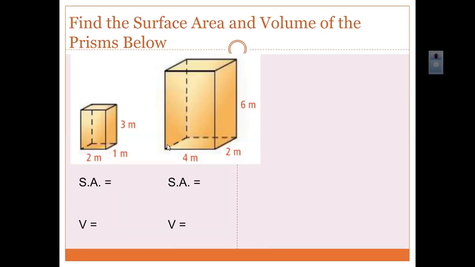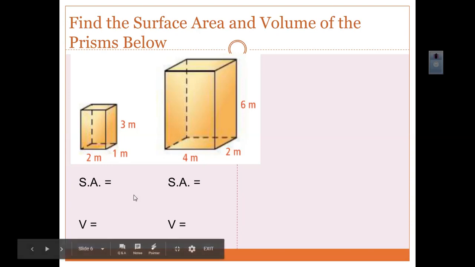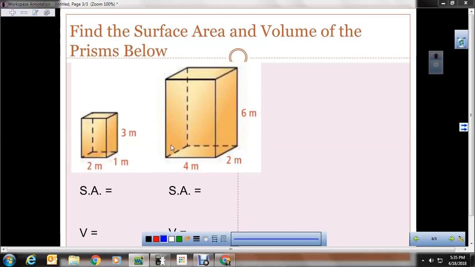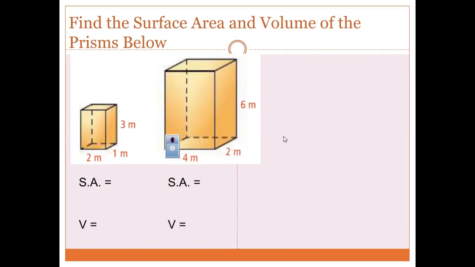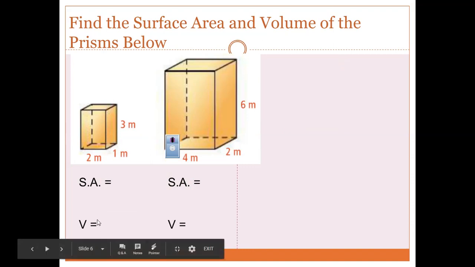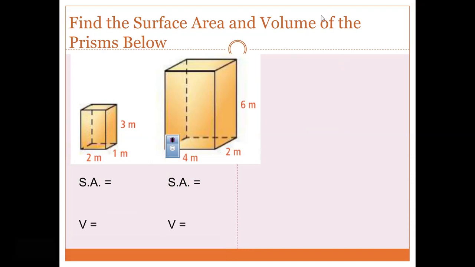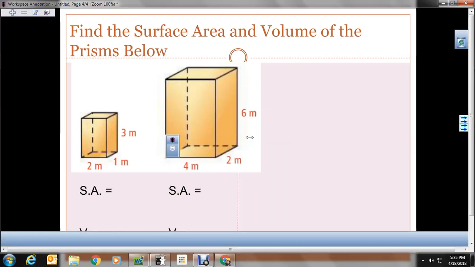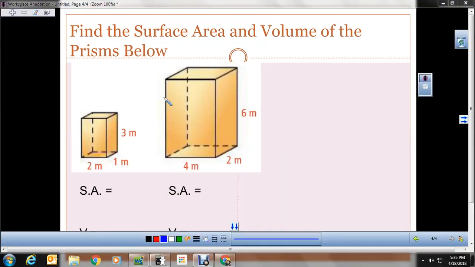So let's see how this works. Let's take a figure and actually calculate the surface area and the volume. In this problem, it says that the surface area is equal to blank, volume is equal to blank, and they give us the dimensions here. So what is our surface area? Well, remember the formula for surface area: it's the perimeter of the base times the height plus 2 times the area of the base.